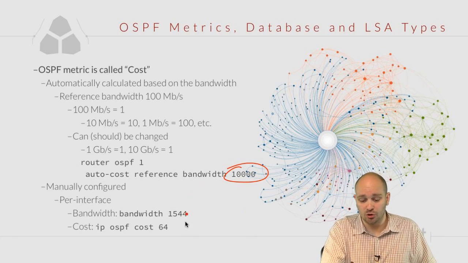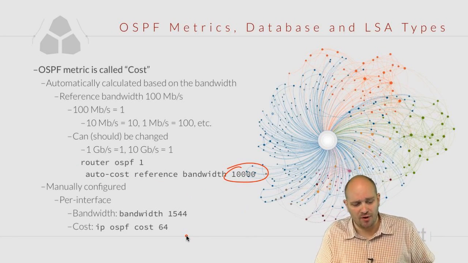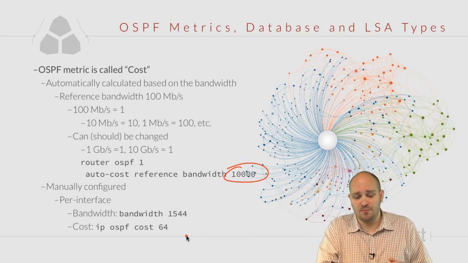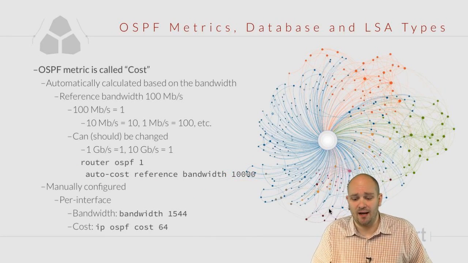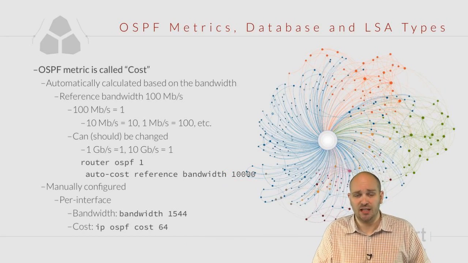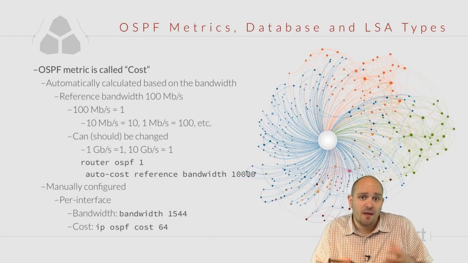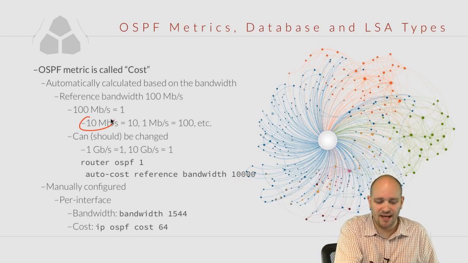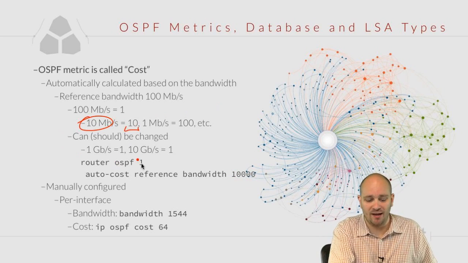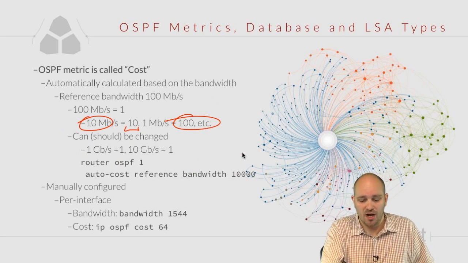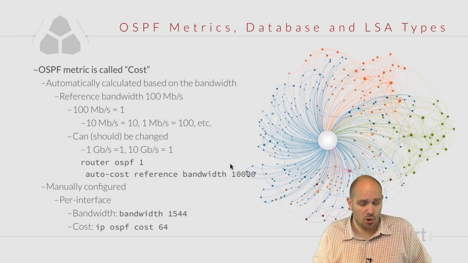You might actually want to consider using an even higher reference bandwidth. Smaller links with less bandwidth are going to have their cost proportionally increased depending on their bandwidth. For example, by default, a 10 megabit per second link will have a cost of 10, and 1 megabit per second would have a cost of 100, and so on and so on.